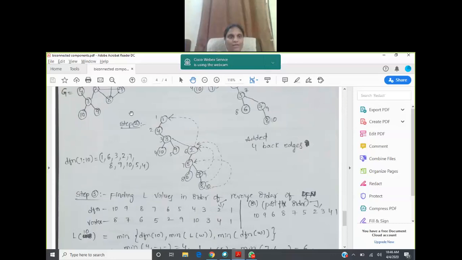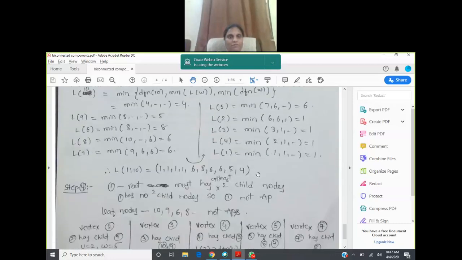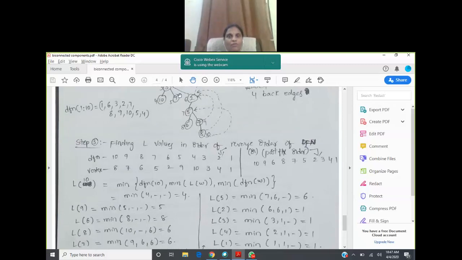A total of 10 vertices are there in this graph. So, these are the L values. Let us see how to find the L values. To find the L values, there are 2 procedures. The first one is either you write the postfix order for the above DFS tree, or you reverse the DFN values, and in that order you find the L values.